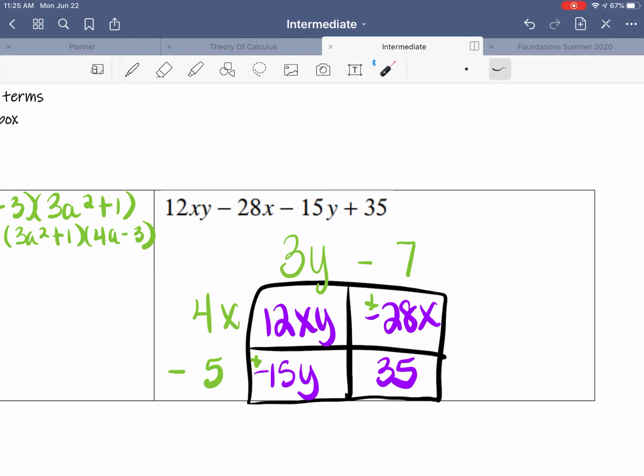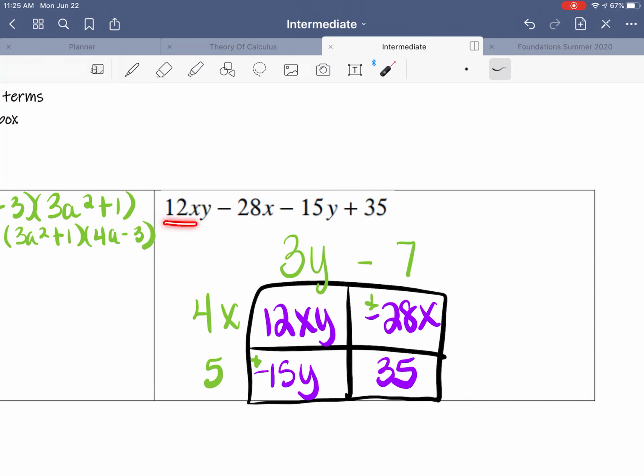So let's pretend that I forgot to pull out a negative here. The reason why checking your answer is so important is because let's say I forgot the negative and I go check my solution and I'm like 3y times 5. Oh no, it's supposed to be negative. Then that's an indicator that you did something wrong.